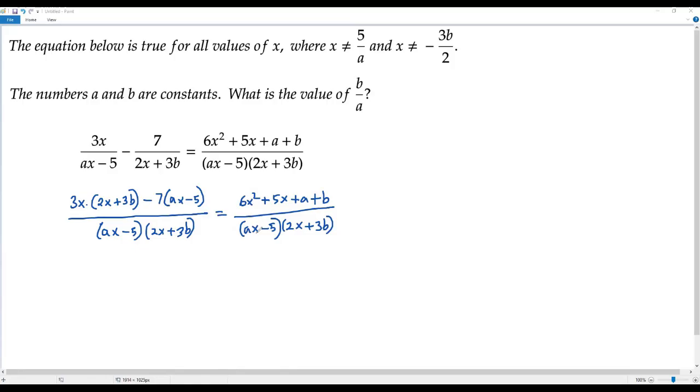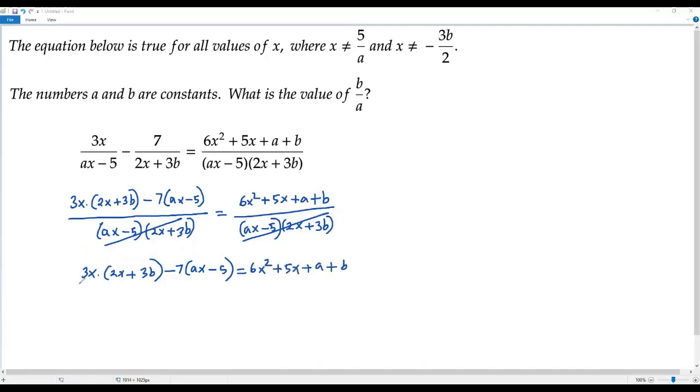Here we find the same denominator on both sides of this equation. Now to get rid of the denominators, we have to multiply both sides of the equation by the stuff we have over here. Then this one and this one will cancel out. Then the resulting equation is 3x times (2x + 3b) minus 7 times (ax - 5) equals 6x² + 5x + a + b.